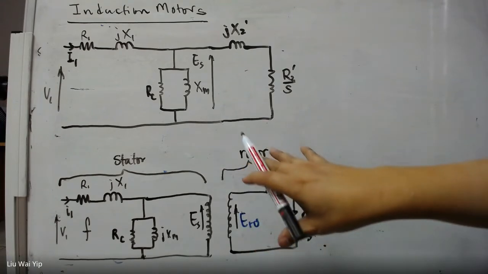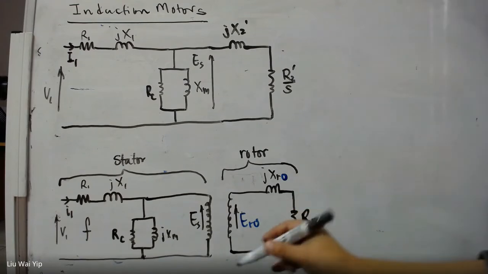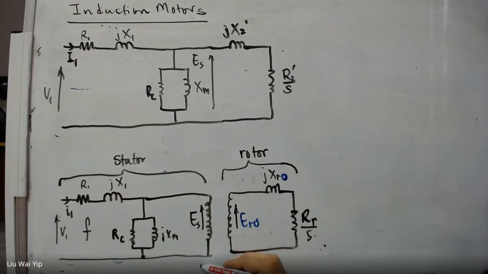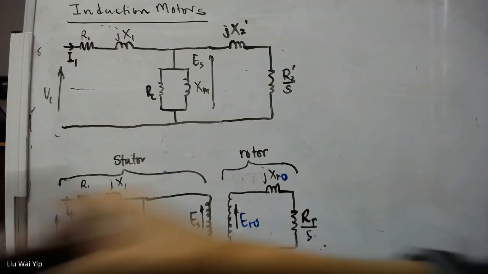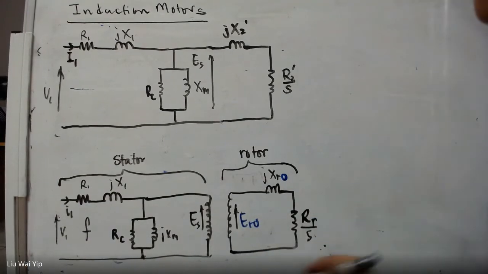And now we have to write down the relations here. Let's say the turn ratio. We just imagine there is a turn ratio here. The turn ratio is going to be A equals ES divided by ER0.